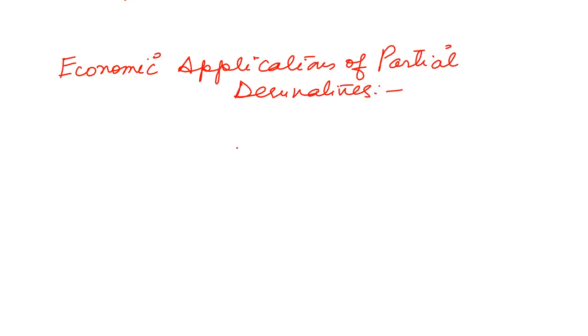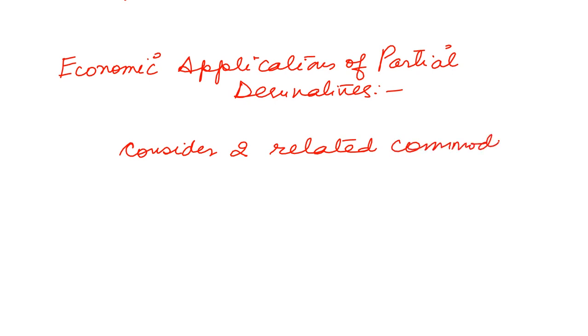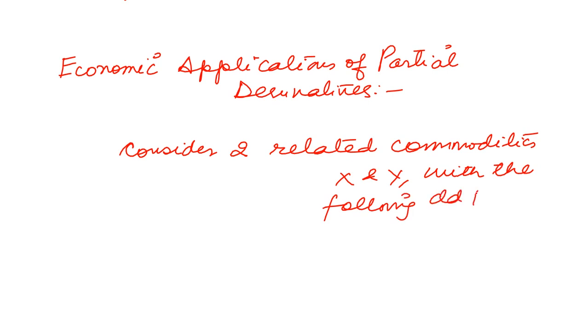Consider two related commodities X and Y with the following demand functions. X1 is a function of P1 and P2 and X2 is a function of P1 and P2.